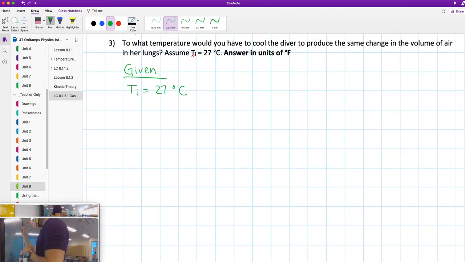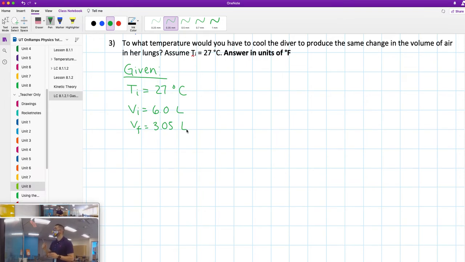We got the initial volume to be 6.0 liters, and the final volume is 3.05 liters.